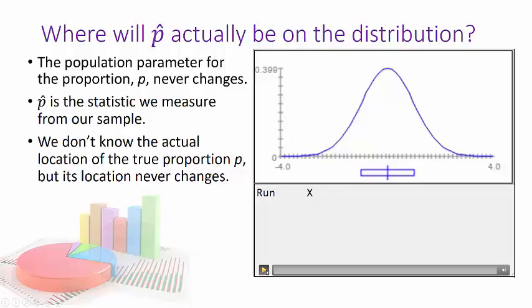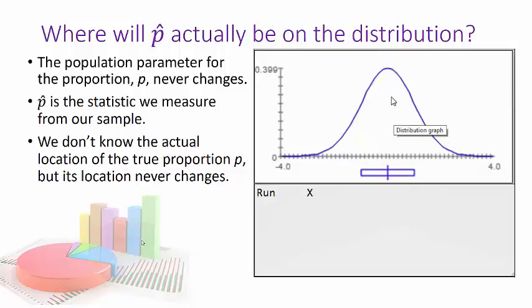So let's go ahead and look at a simulation. This graph shows the normal distribution. Here is the center for the true proportion. Right now we're just going to center it at 0. And all I'm worried about is how many standard deviations I am away from this true proportion. So I can mimic taking a sample, because remember, normally we don't know the true proportion.